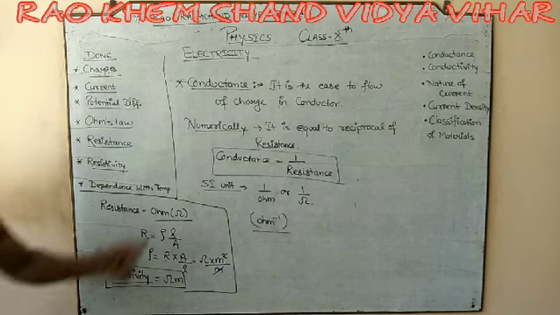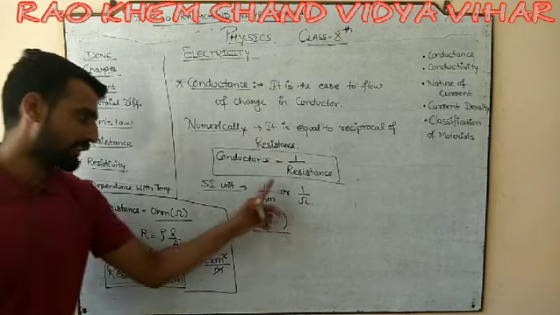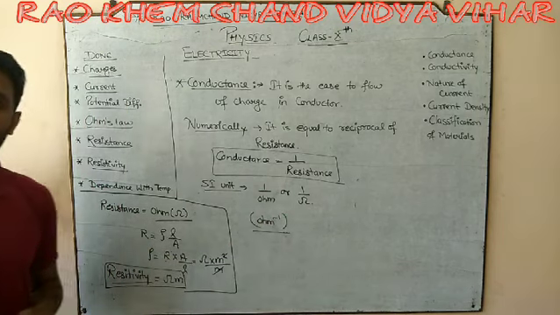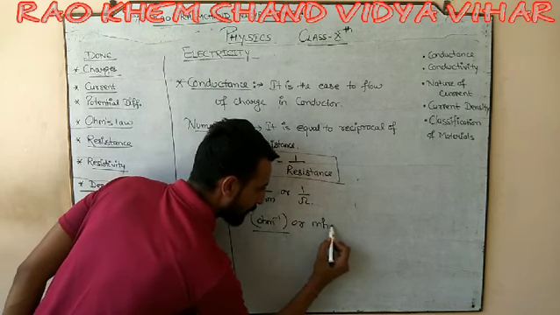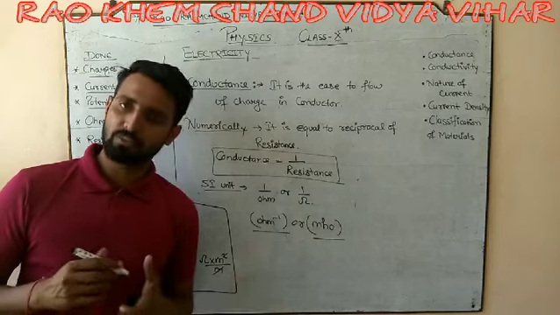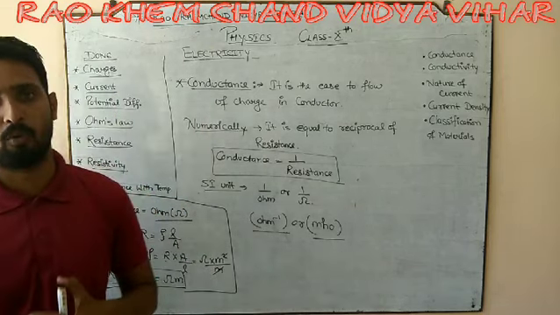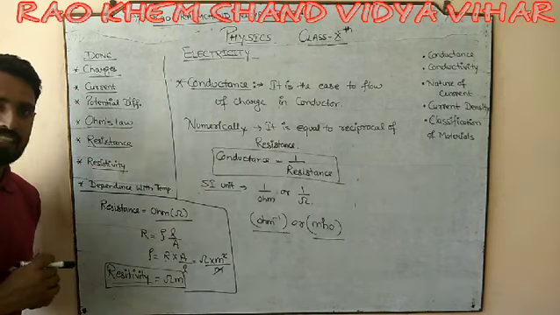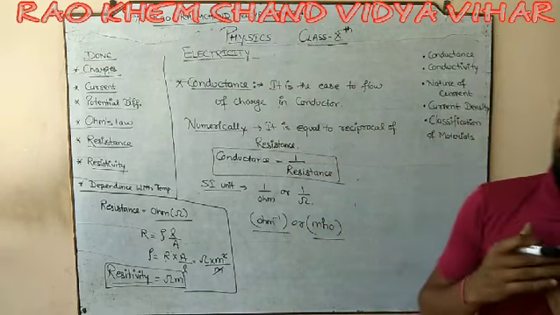And in the same manner, since conductance is the reciprocal of resistance, its SI unit is 1 upon ohm. You can say ohm inverse, or it is also called mho. The pronunciation is mho. So here we have dealt with one new term called conductance.